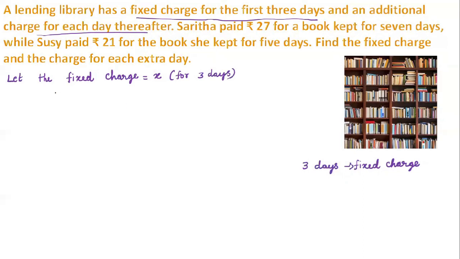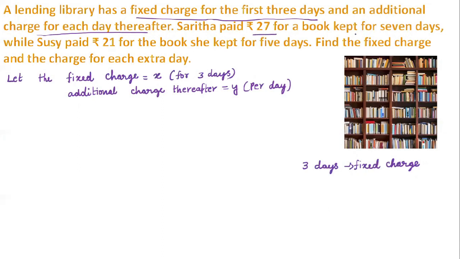Remember, the fixed charge is for 3 days. Now let the additional charge after 3 days be y, that is for 1 day. y is per day. After 3 days you have to pay the additional charge.